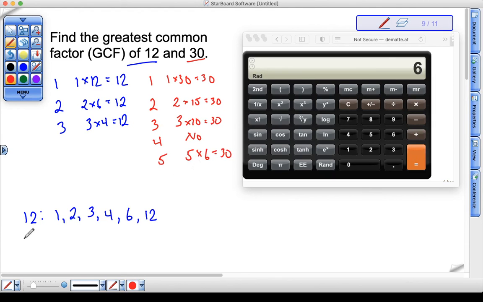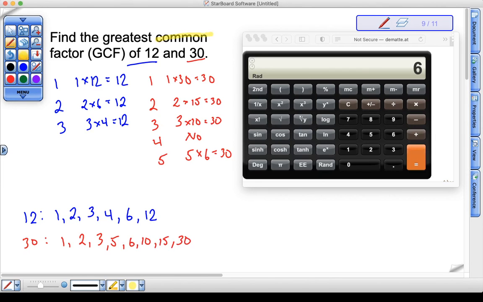So lastly, I'm just going to write down all of my factors of 30, which is going to be 1, then a 2, then a 3, and I'm just going right down this list here, and then I have a 5. Then I can start going up this column here, so that's going to be giving me 6, 10, 15, and 30.